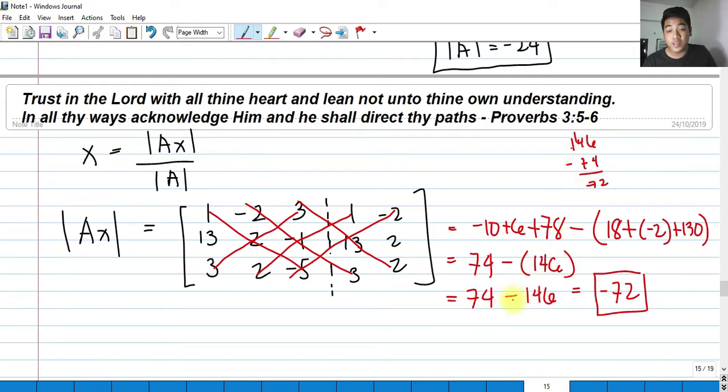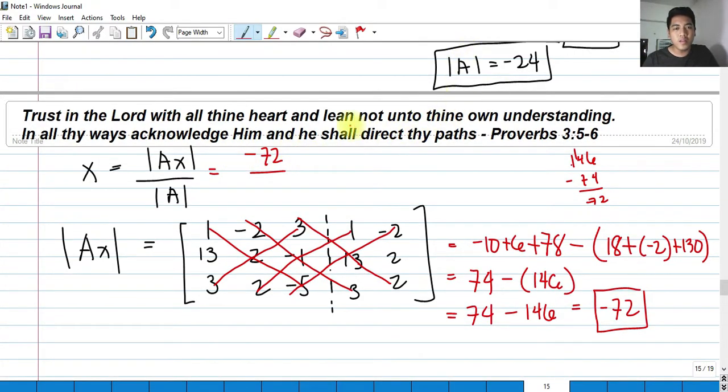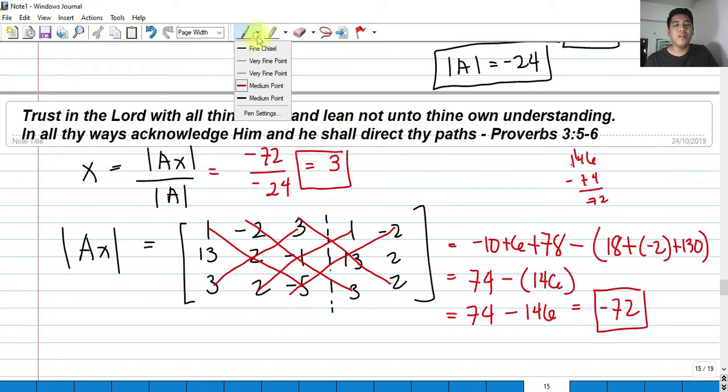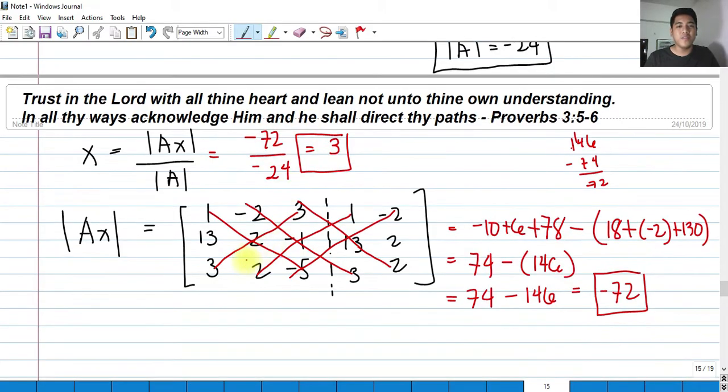Since the negative number is larger, we have negative 72 here. So our value for x would be the determinant of A sub x, which is negative 72, over the determinant of A, which is negative 24. Negative 72 divided by negative 24, 72 is divisible by 24, and negative divided by negative gives a positive value, and that is 3. So we now have the value for x.